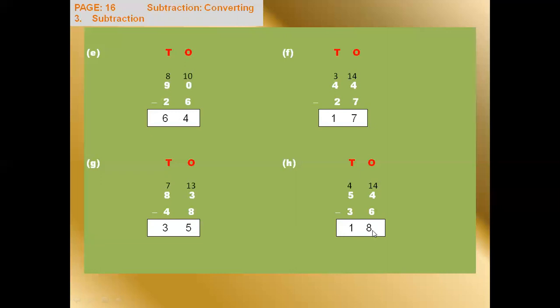Some boys may write the answer of the ones under the tens, and the answer of the tens a little to the left side. So keep this in mind: the answer of the ones goes under the ones, and the answer of the tens under the tens.